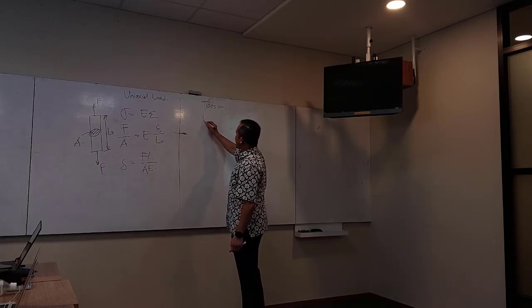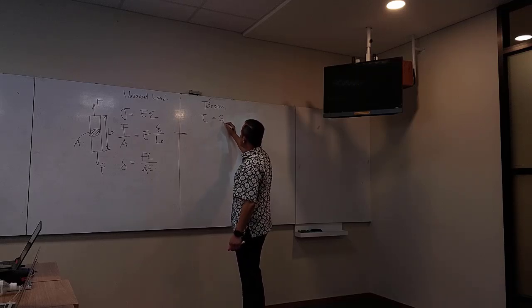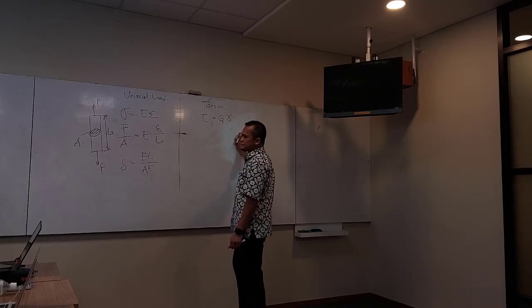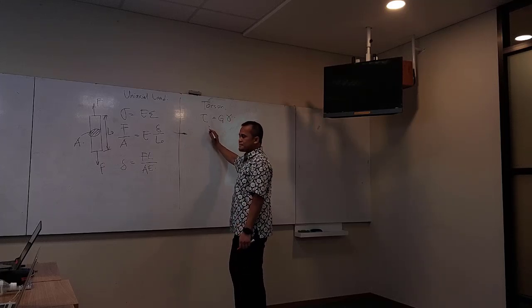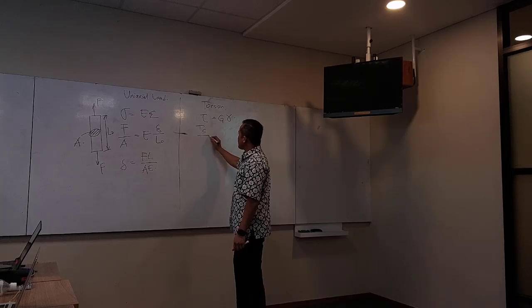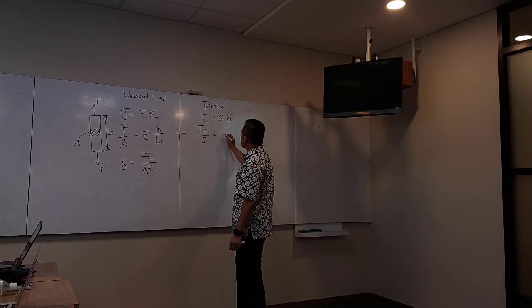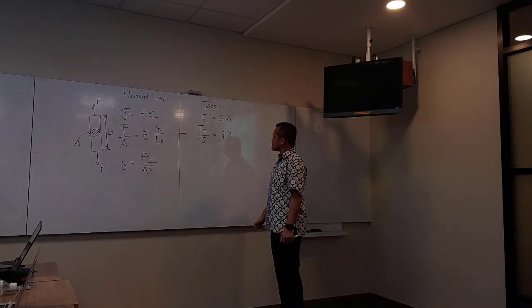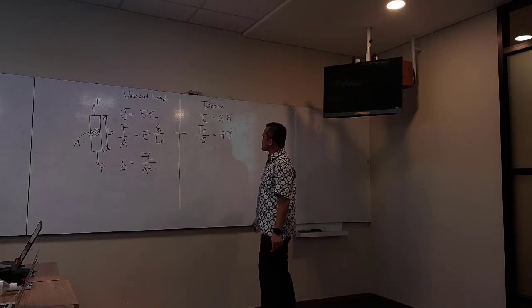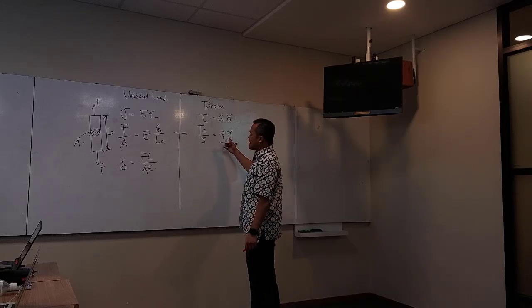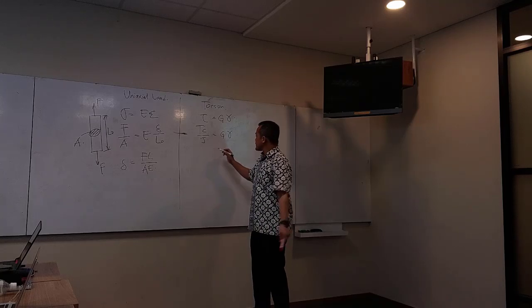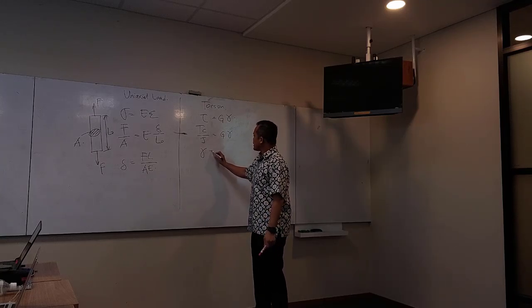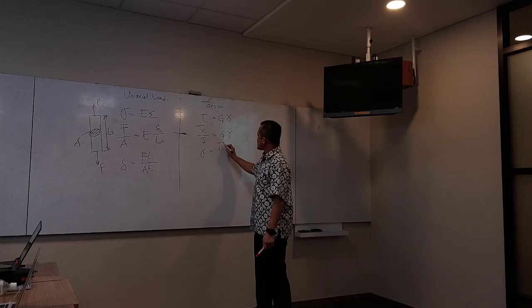Now I move to shear or torsion. Torsion again is tau equal to G gamma. Tc over J equal to G gamma. Easily you can get that relationship. Gamma is of course Tc over JG.